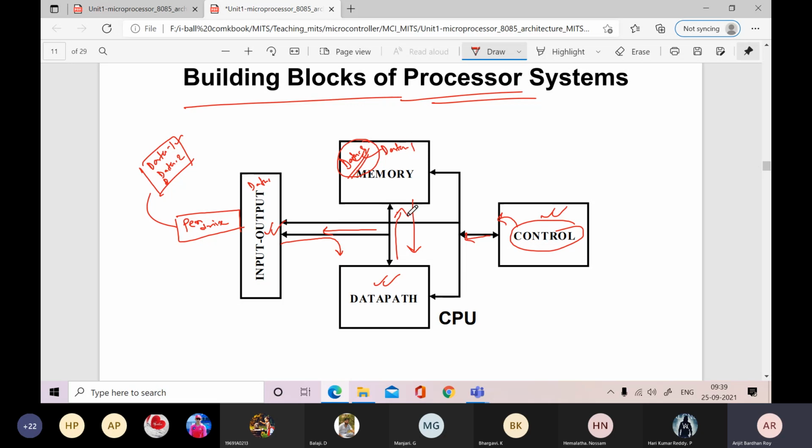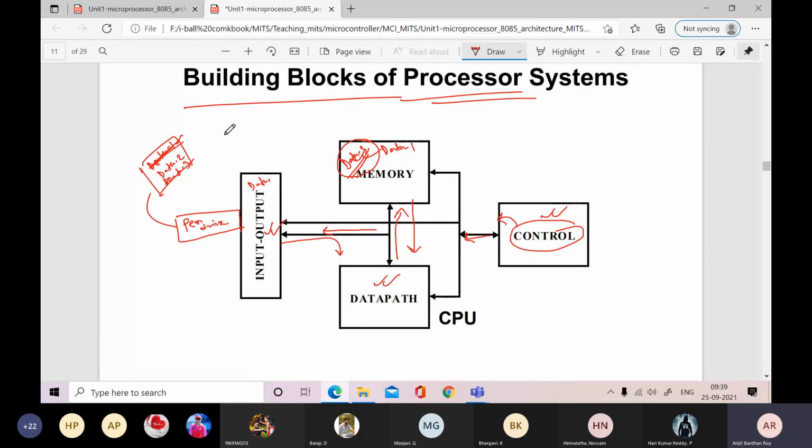So what will happen? Data 3 will come through this data path, and after that, through this input output, it will go into the pen drive and be saved there. Now data 1 will not be there, because I already cut and pasted it. Data 2 and data 3 will be there.